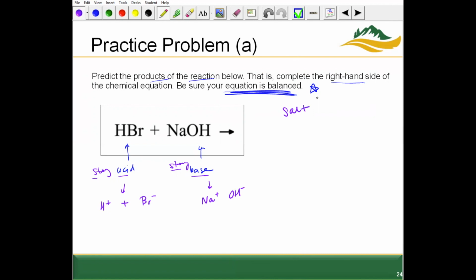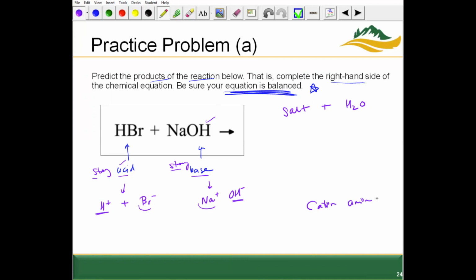We know on this side we're going to need salt and water. Here's where the water will come from: the H+ from the strong acid and the OH- from the strong base. That means for our salt, we need to put these ions together. We always list the cation first, right?